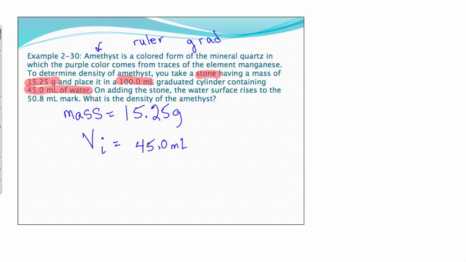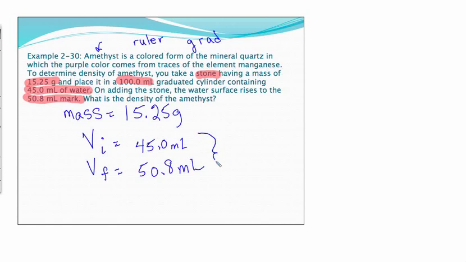Now, at this point, what's done is the stone is dropped into the water. This only works for things that don't react with water, by the way. So the stone is dropped into the water, and we have a final volume equal to 50.8 milliliters.